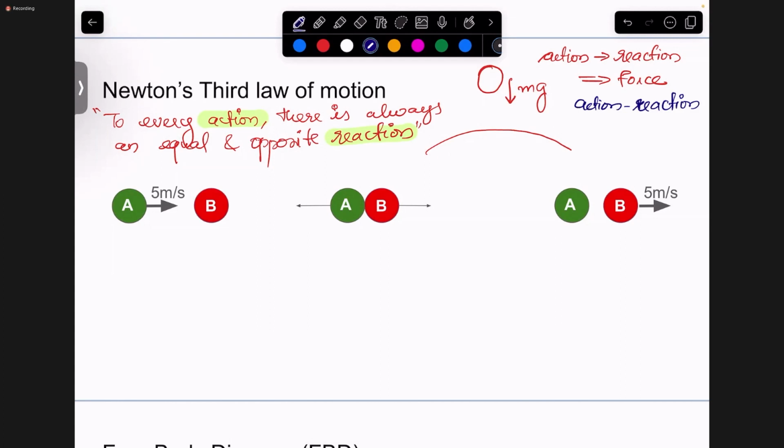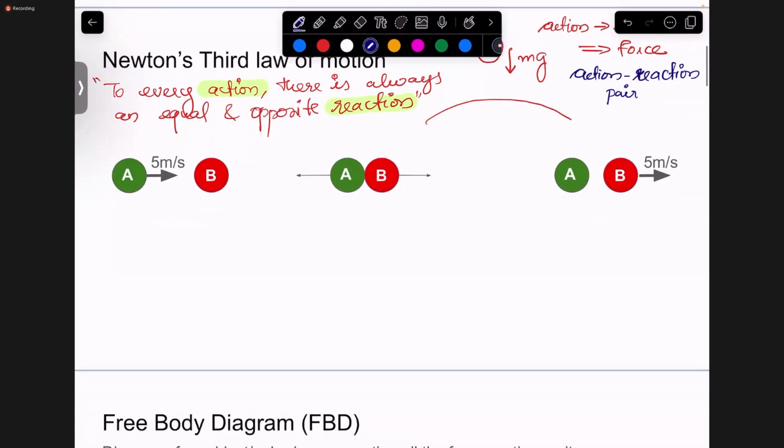It's not like action is the cause of reaction, or reaction is formed as a consequence of action. When action occurs, reaction also occurs at the same instant. So an action reaction pair is a pair of forces which is equal in magnitude and opposite in direction.